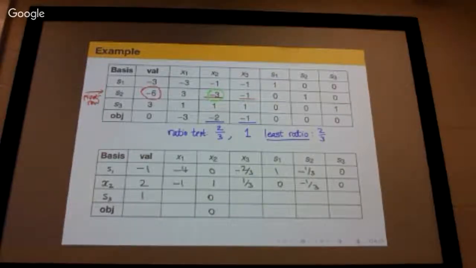S3 should be 1, 2, 0, 2/3, 0, and 1/3, 1. And in the objective row, I'm getting 4, minus 5, 0, minus 1/3, 0, minus 2/3, 0. It's kind of what I'm supposed to get, I think.